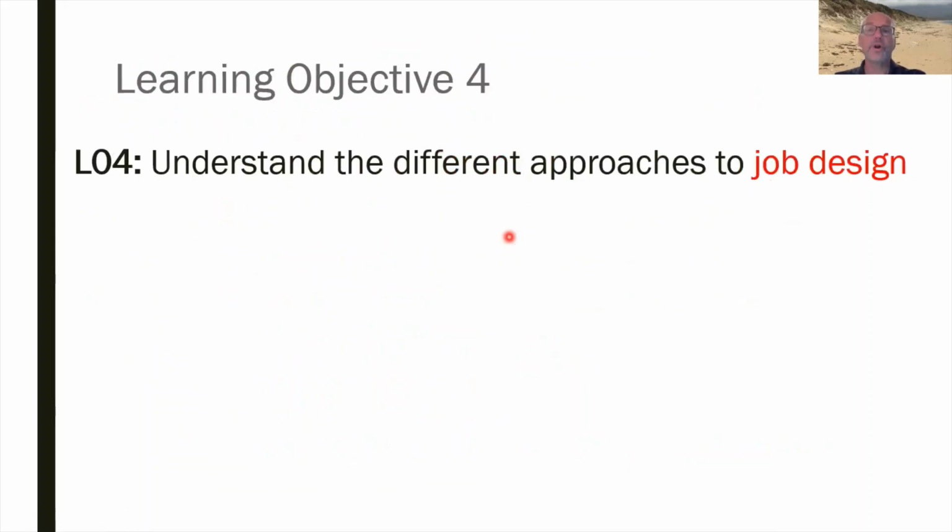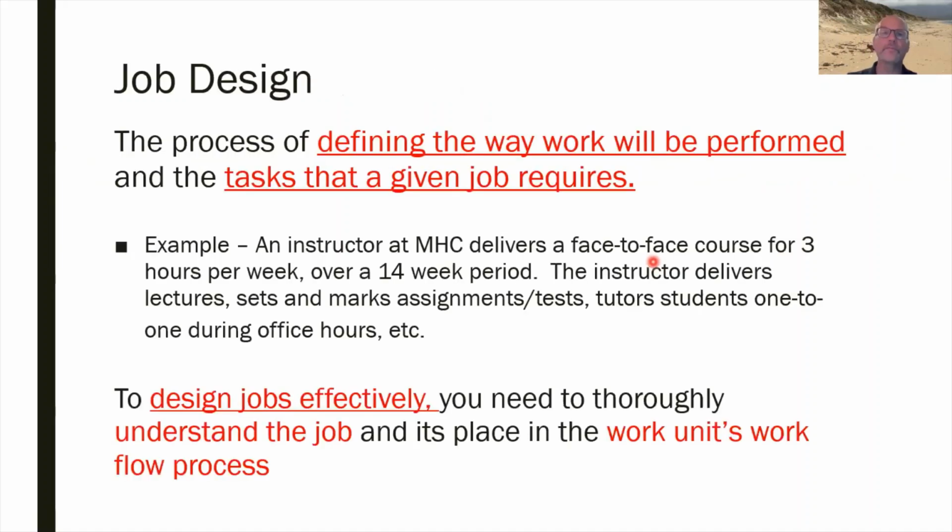Learning objective 4: understand the different approaches to job design. When we talk about job design, once we've figured out all the workflows, how do we cobble those together into meaningful work units that people can actually do? Job design is the process of defining the way work will be performed and the tasks that the job requires.